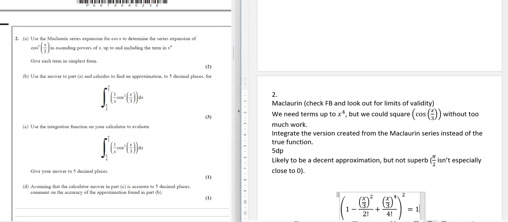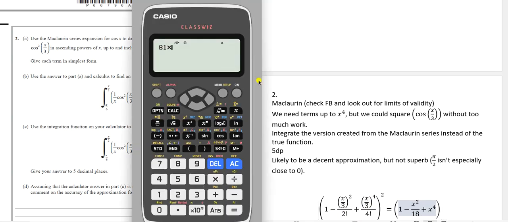I need the constant times a constant, and a few other bits, so it's worth simplifying this. x squared over 9 over 2, so it's going to be x squared over 18, and then this is x to the 4 divided by 81 and divided by 24. So that's 1944.